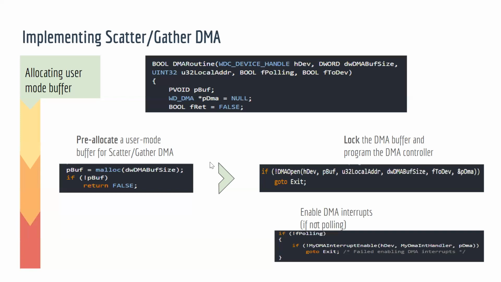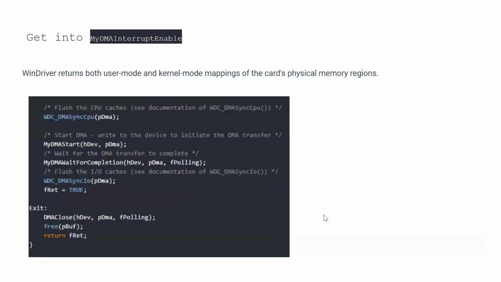Pre-allocating the user mode buffer, locking the DMA buffer, and enabling the DMA interrupt if we're not on a polling method. Okay, so we have the my DMA interrupt enable. Function that when WinDriver returns both user mode and kernel mode mapping of the card's physical memory regions.